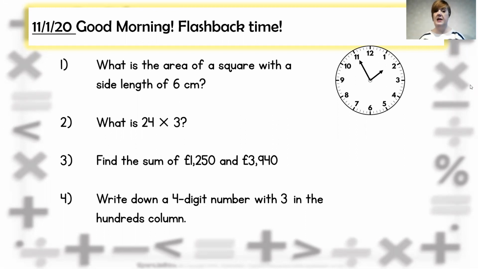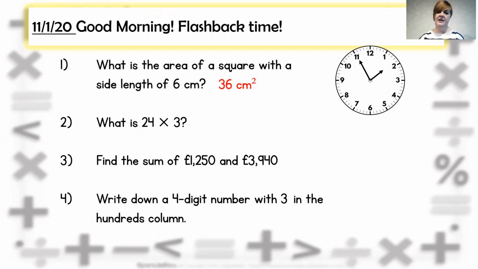So because the width is going to be the same as the length, with it being a square, we're going to do 6 times 6. So the answer is 36 centimetres squared. And it's really important that we do remember to put that little 2 next to the centimetres because we are talking about area.